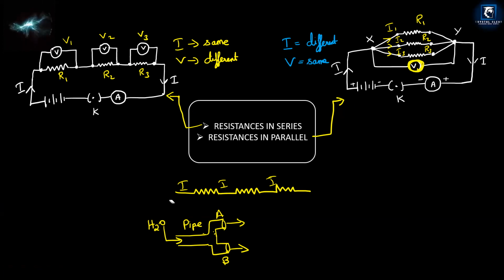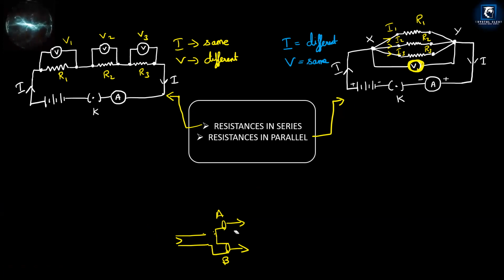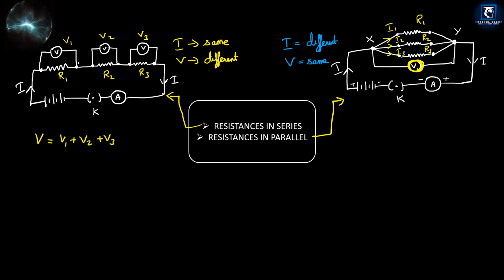So now we'll go into the derivation. Hope the concept is clear here. With the help of Ohm's law, we are going to derive resistors in series and resistors in parallel. If the resistors are connected in series, as I said, the voltage V is equal to V1 plus V2 plus V3, because three different resistors will have three different voltages.